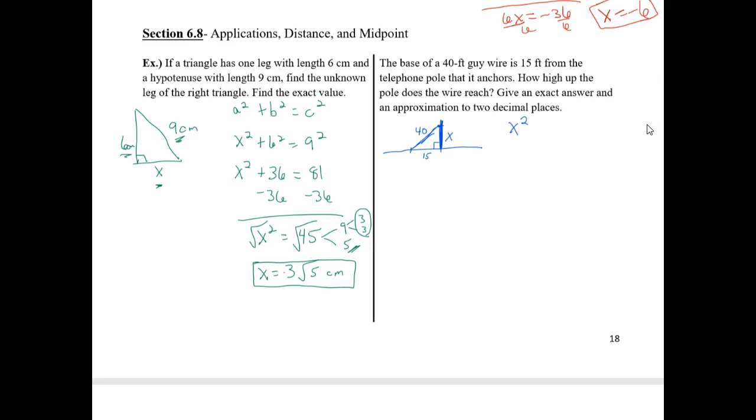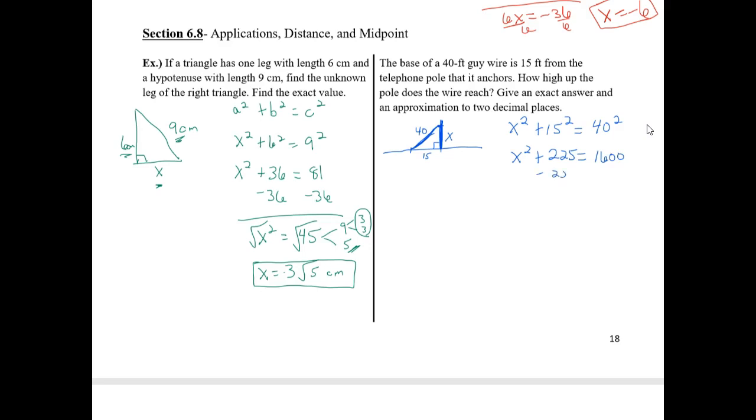It helps form that right angle, and 15 is a leg, and the longest side is the hypotenuse, and that's going to be our c. Okay, a squared plus b squared equals c squared. I simplify what I know. 15 squared is 225, and 40 squared is 1,600.